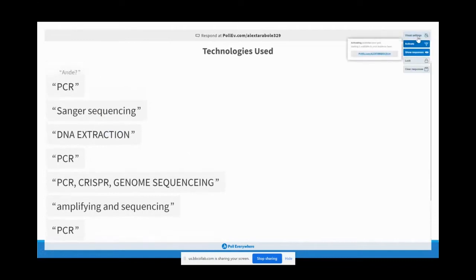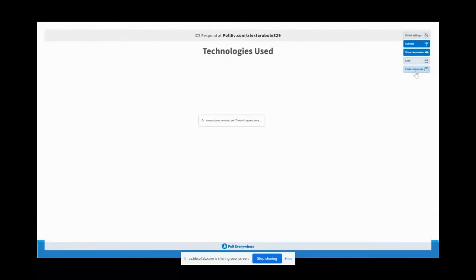So I'm going to clear this. And again, I want to ask you guys about technologies you think you would use to measure RNA. So here we're talking about comparing the levels of RNA from a tissue or a cell or a biofluid. What kind of technology would you potentially use here, if you know?